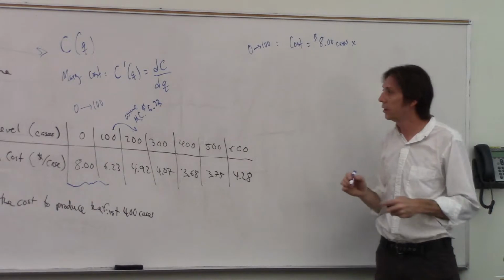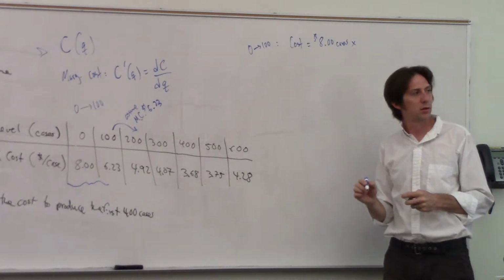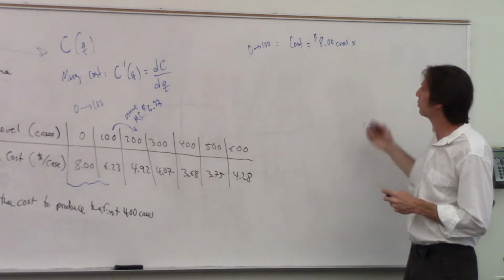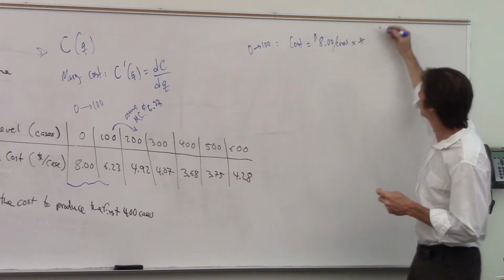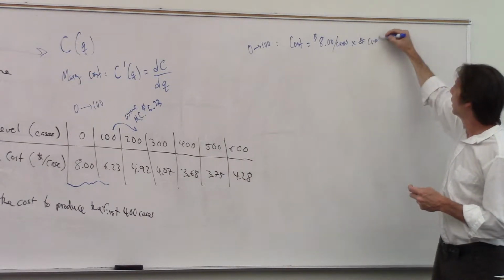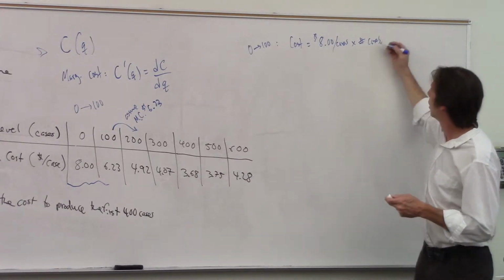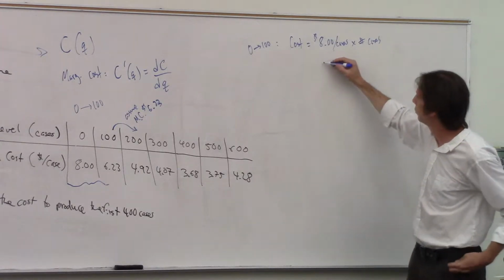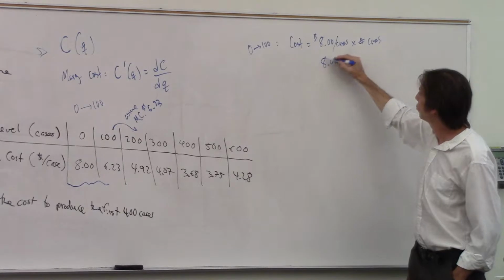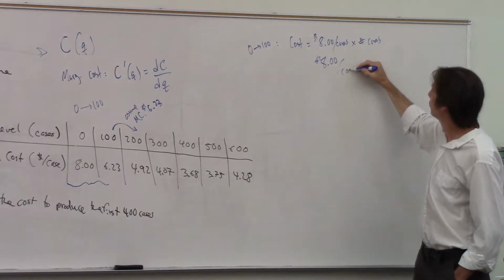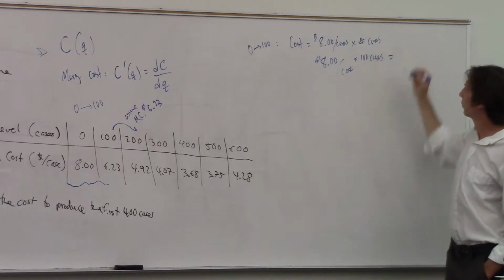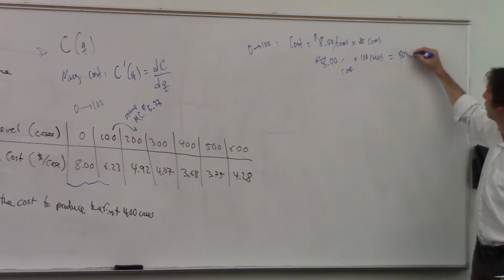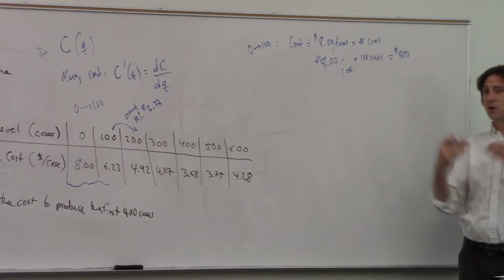How many cases are we talking about? We're talking about 100 cases here. So we'll do $8 per case times 100 cases. And so this gives us a cost of $800 to produce that first batch.